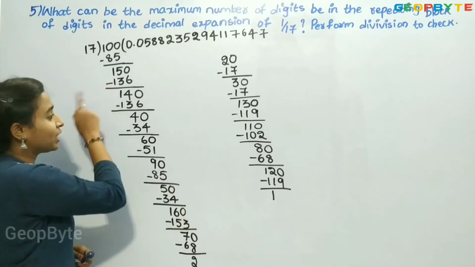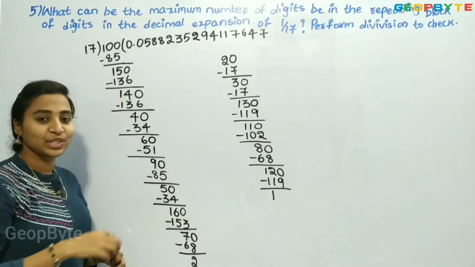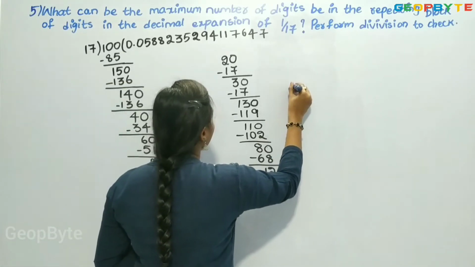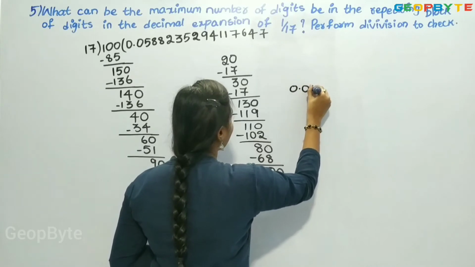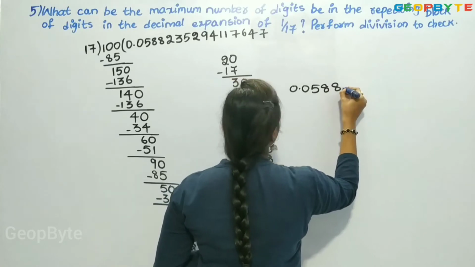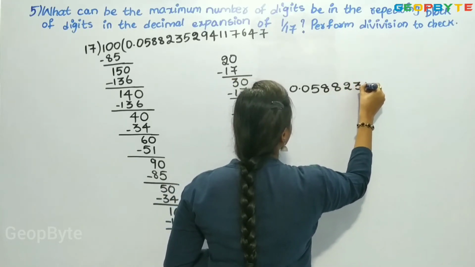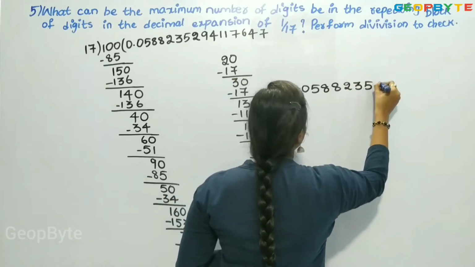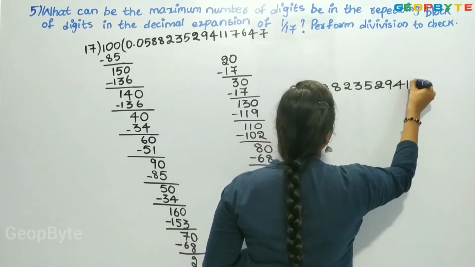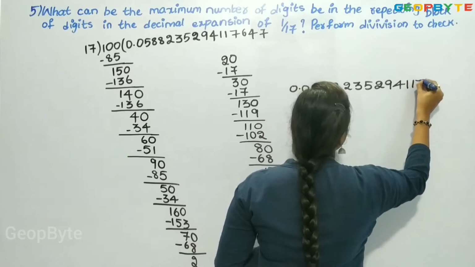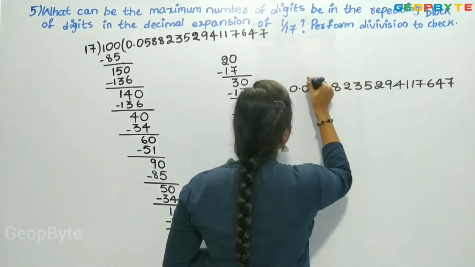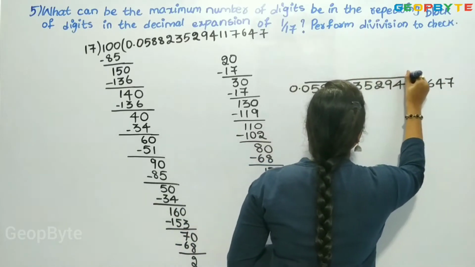So it will be similar to this, and again it starts from here. So we got 0.0588235294117647 bar.